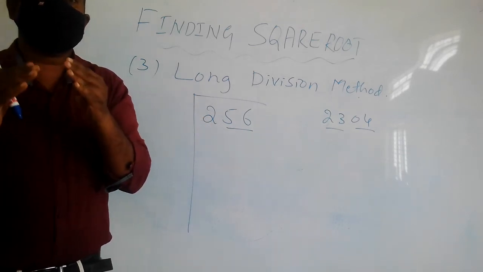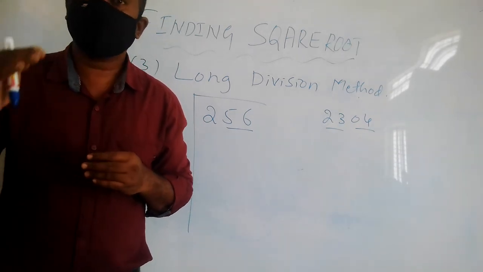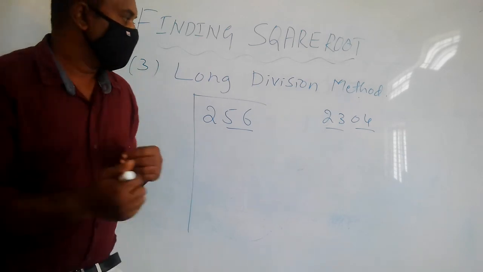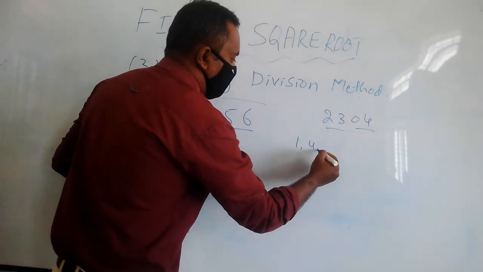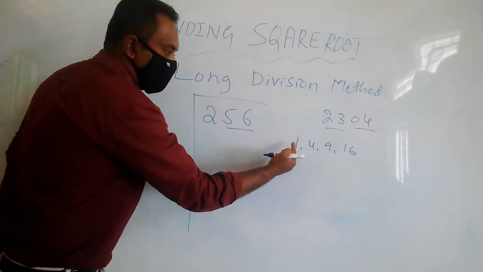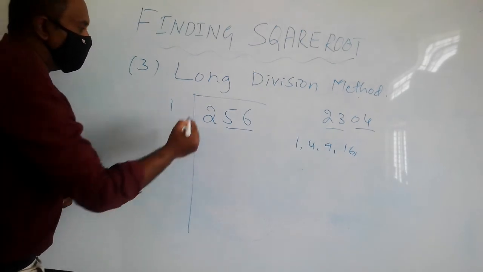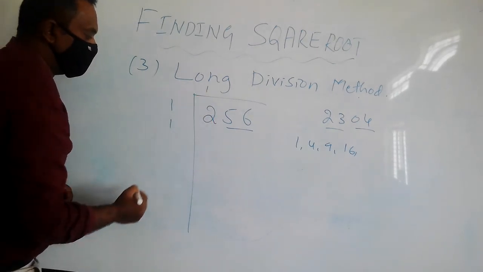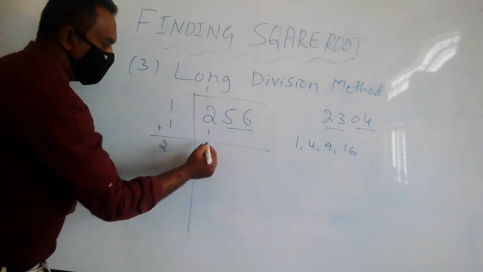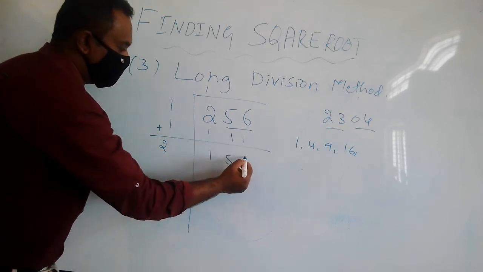What is the square number nearer to 2? 1 square is 1. If I write 1, 4, 9, 16, 2 comes in between these. Then which is nearer? 1 is nearer, so take 1 here. 1 ones are 1. 1 plus 1, 2. 1 ones are 1. 2 minus 1, 1. I will bring down both digits, 56, here.